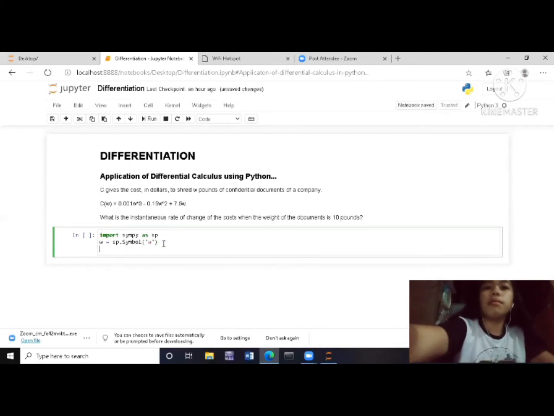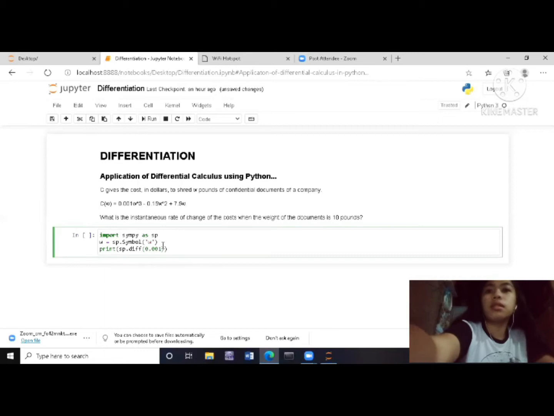Next, para malaman natin yung derivative ng function na yun, print natin sp differential, ilagay natin yung function: 0.001 times w raised to 3 minus 0.15 times w raised to 2 plus 7.5 times w.